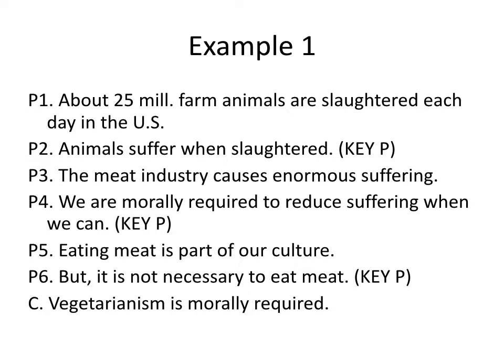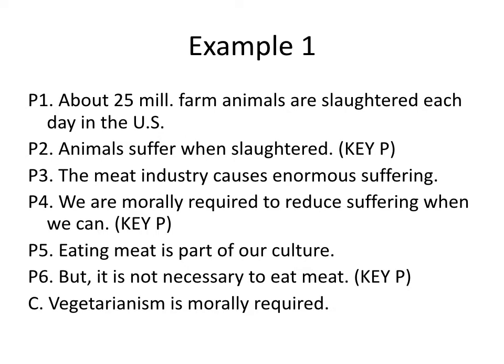P6 says we are able to eliminate this form of suffering because it's not necessary to eat meat. So P2, P4, and P6 work together to build a line of reasoning that has to do with the suffering caused by animal slaughter together with the moral imperative to reduce suffering. Okay, and so that is how this argument supports its conclusion.